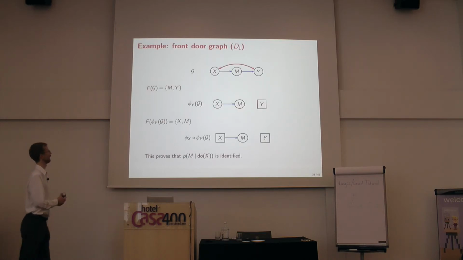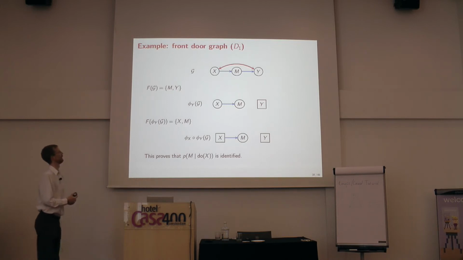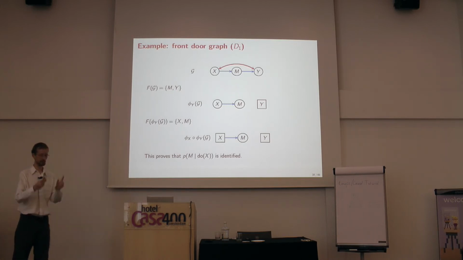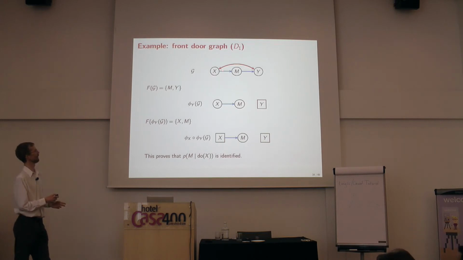Okay, so here, let's look at the front door graph. Remember, when we did the front door graph, we wrote it as a product, a sum over a product of terms with districts. We had two districts, one was M and one was Y. Let's first look at the one that just contains M. What we're aiming for is M given do(X), so we want to fix Y and X. We're not able to fix X up here.